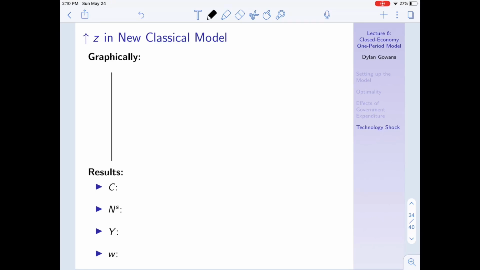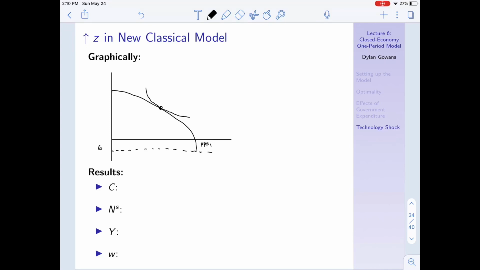And once more here, we're going to deal with the social planner's problem. So we're not going to deal with the budget constraint. We're just going to look at the PPF, the production possibilities frontier, and the indifference curves. So here's our PPF1, I'll call it. And suddenly Z increases. What does that mean?